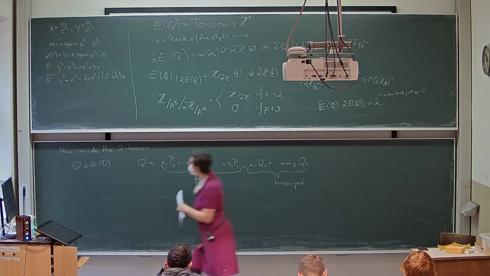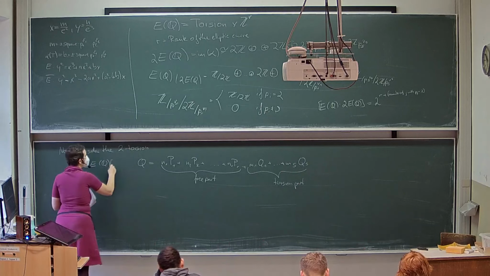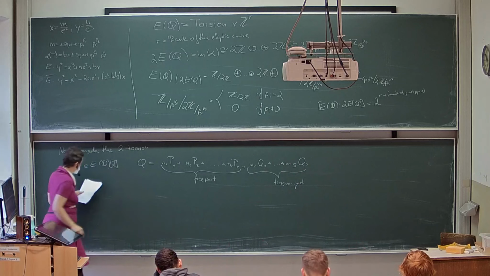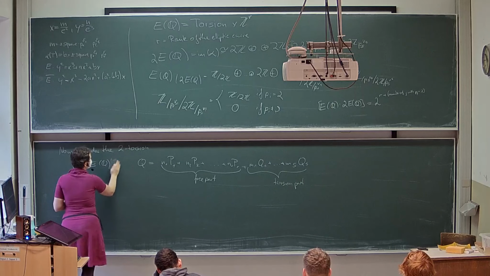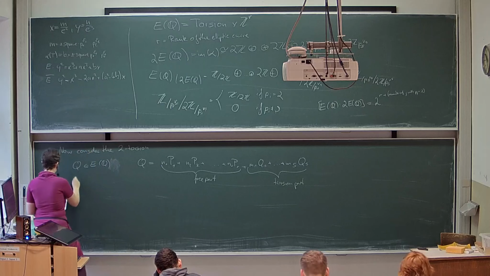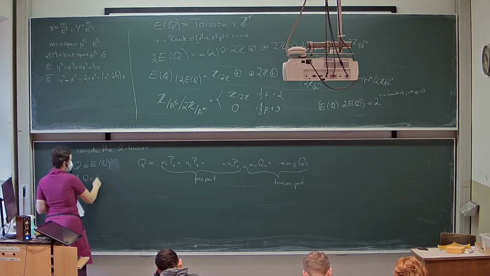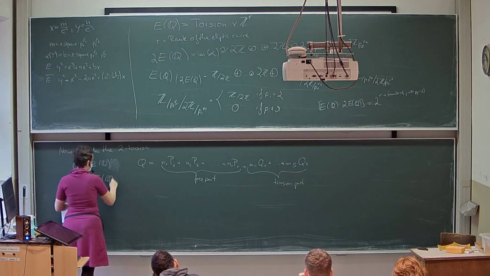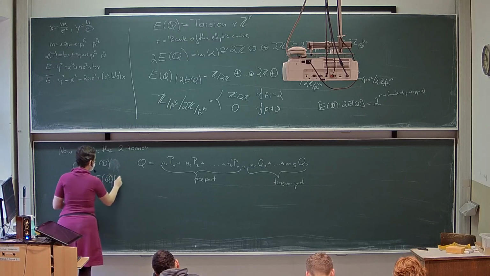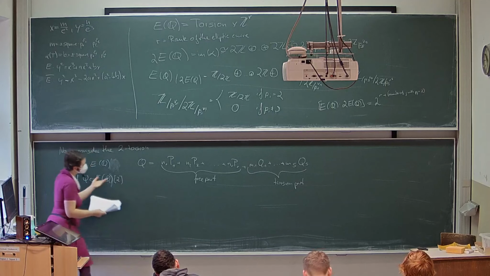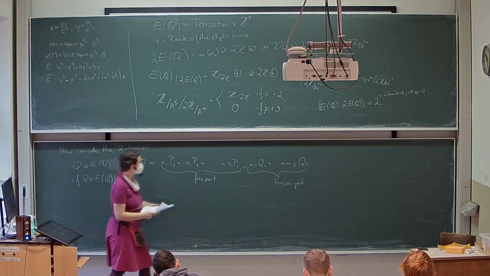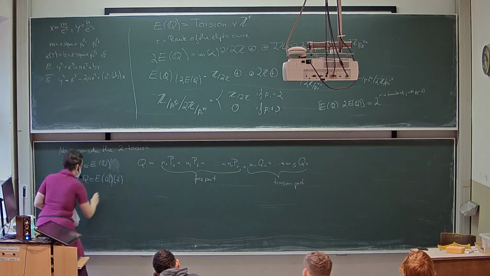So if now Q should be a 2-torsion point, then of course twice this thing is 0.